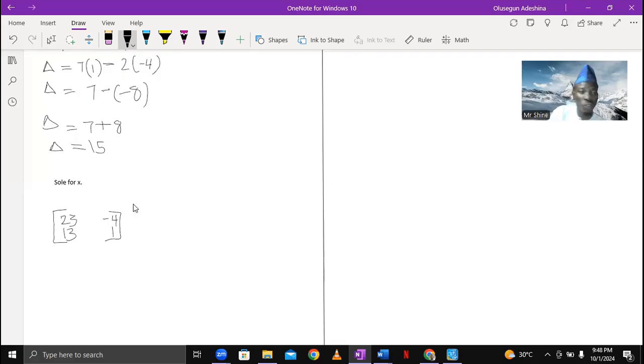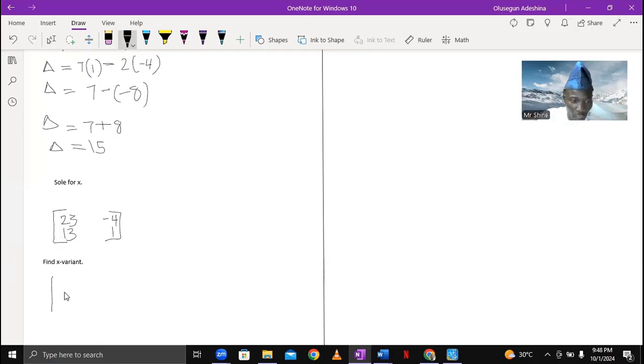Now the next thing is to find the determinant of X, or find X variant. You can call it X variant or you call it the determinant of X. Now to solve determinant once again, it remains the same way.